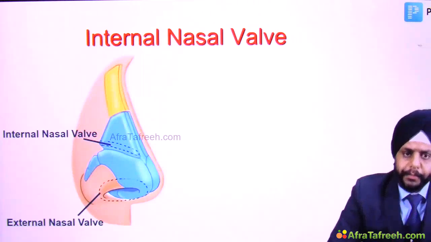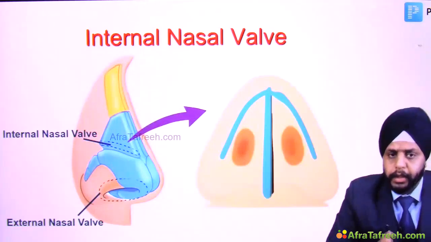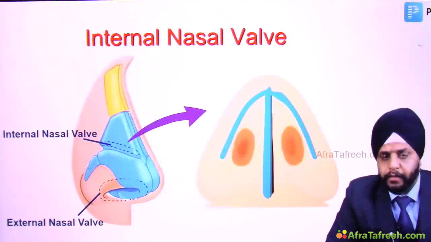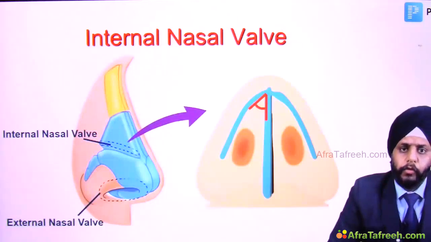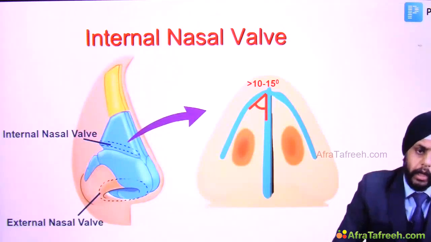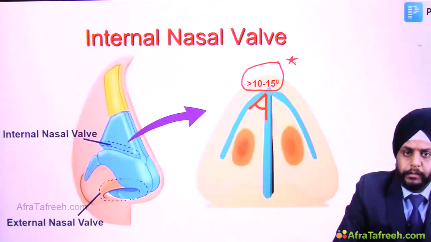Now, remember, in between them, let's look over here, in between the lower end of upper lateral cartilage and the septum, the minimum angle should be at least 10 to 15 degrees. Okay, if it is less than 10 to 15 degrees, it will cause nasal obstruction.